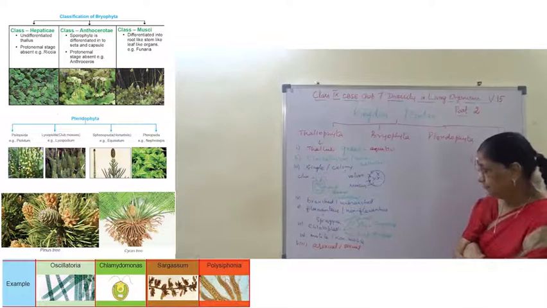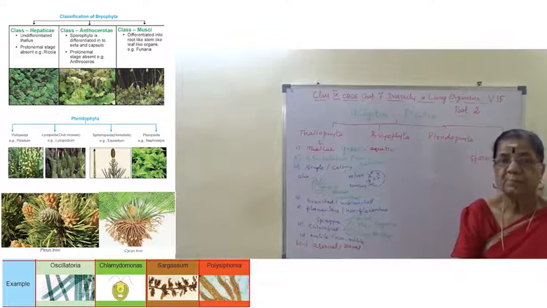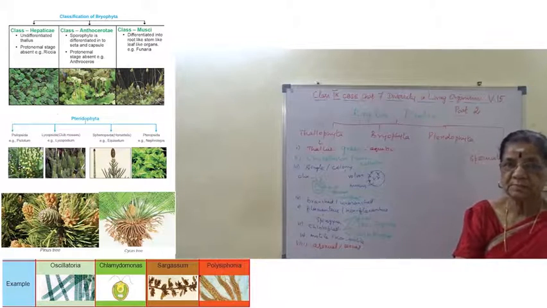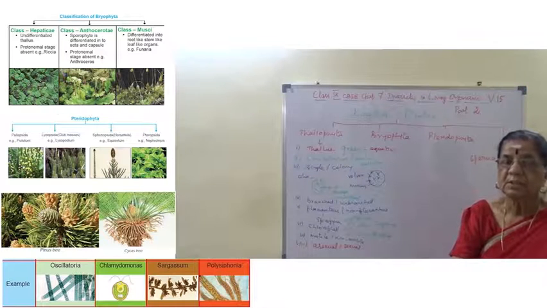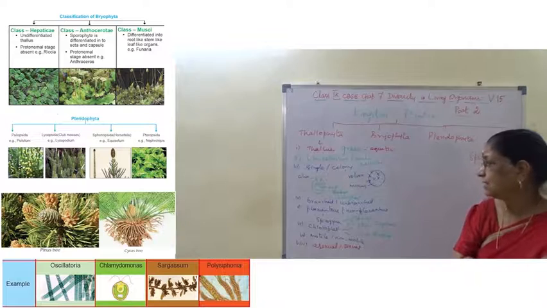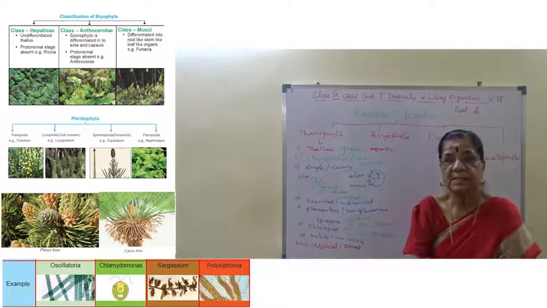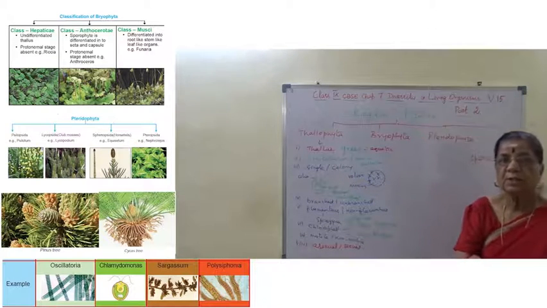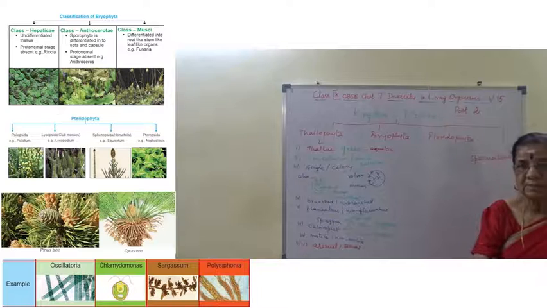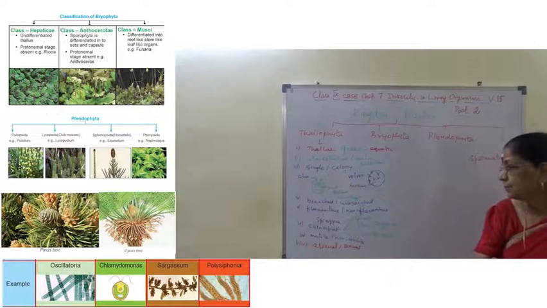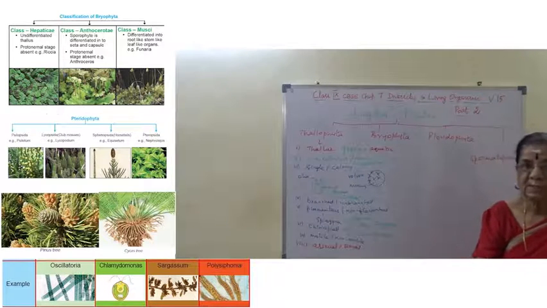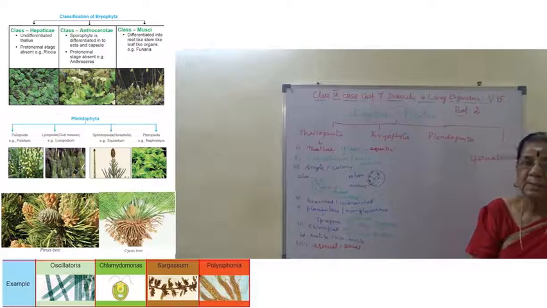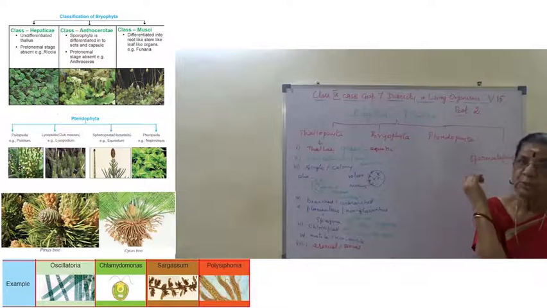Next, the thallus may be branched or unbranched. Spirogyra, unbranched filament. The thallus may be filamentous or non-filamentous. Filamentous, example Spirogyra. Non-filamentous, example Chlamydomonas. Ulothrix, Cladophora. Right?